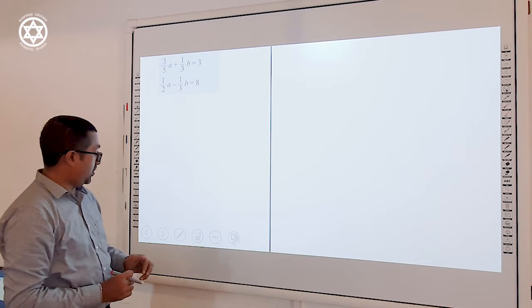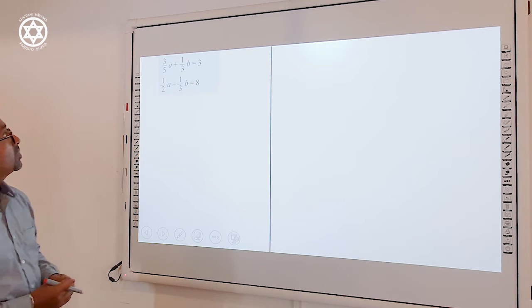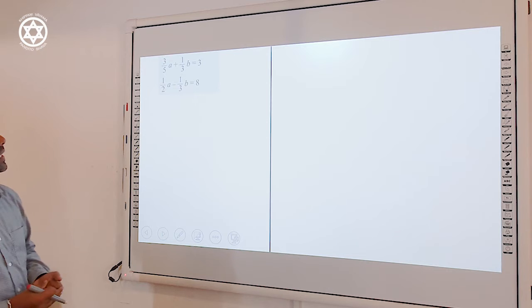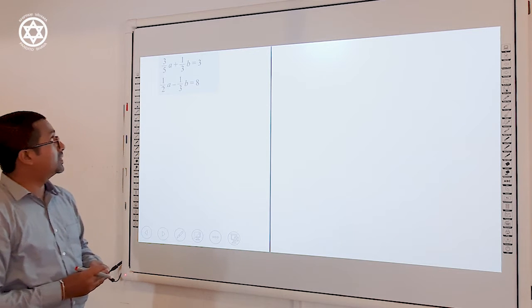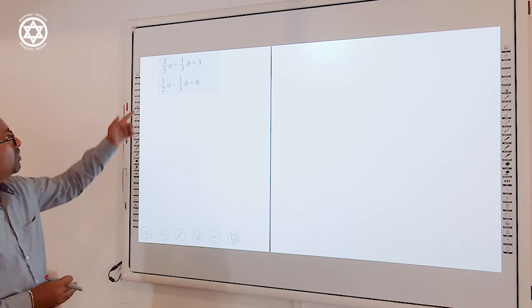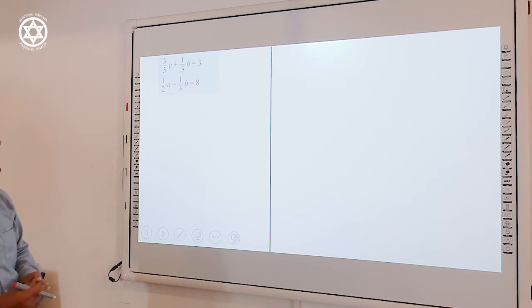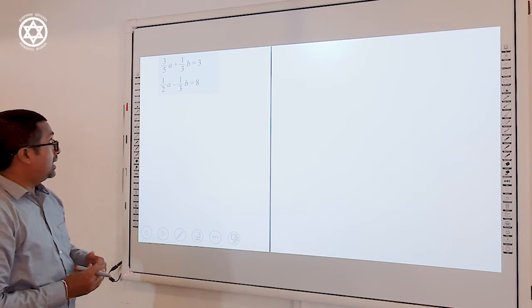So I will move to the next example. 3 over 5a plus 1 over 3b is equal to 3. The next one, 1 over 2a minus 1 over 3b is equal to 8, right?